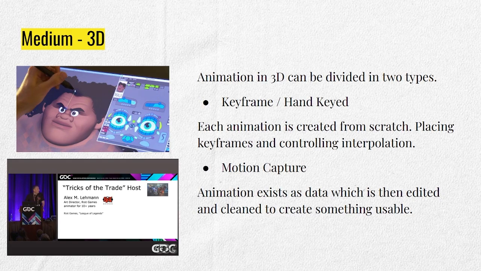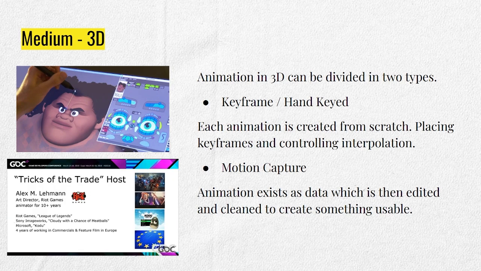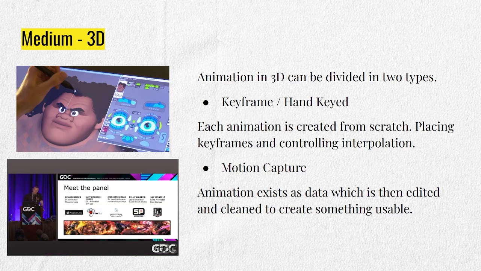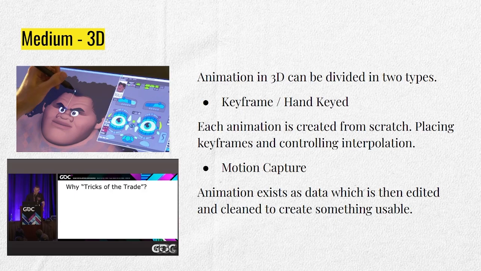3D animation can be divided into two types: keyframe animation and motion capture. Motion capture, I'm sure y'all have heard of this before. I'm sure y'all have seen this. Some of you probably have worked with it yourself. The dude in the suit with all the little dots on him dancing around, and then you see the character doing the same dance.